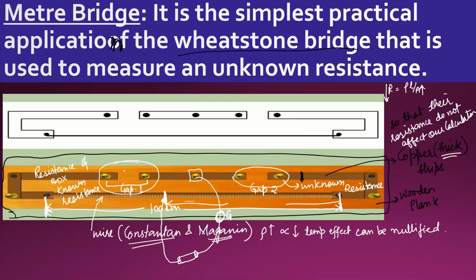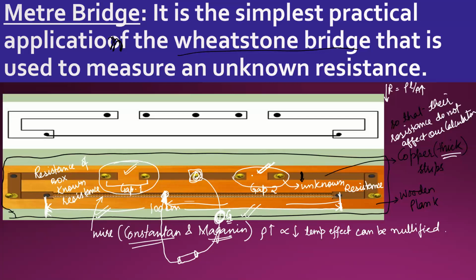So this is resistance number 1, this is resistance number 2, this is going to be resistance number 3, and this is going to be resistance number 4, and the galvanometer is connected between these 2 points. So if this galvanometer shows zero deflection, we will be able to find the unknown resistance through this gap.